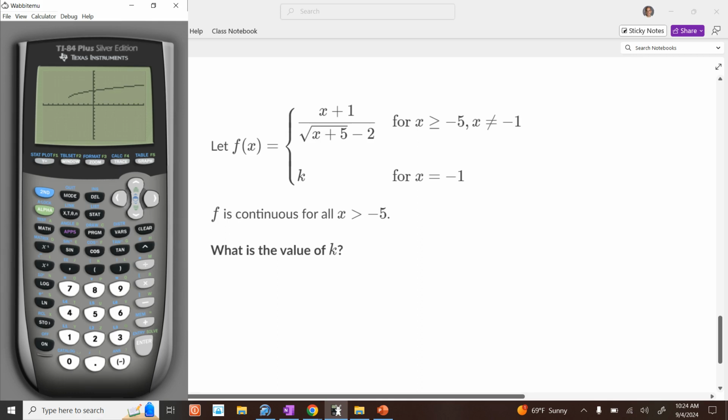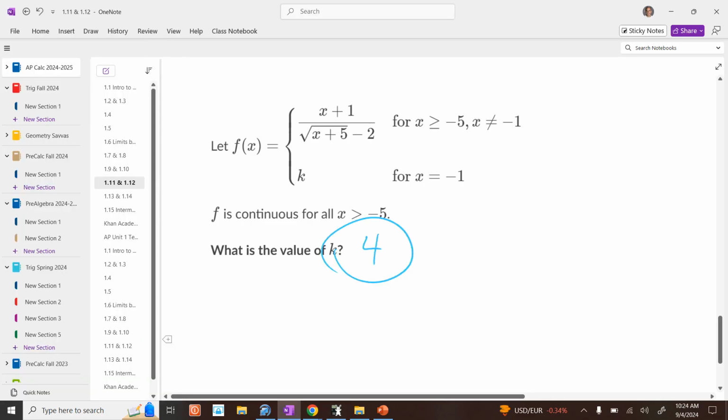All right, so if we look at this, we're looking at -1. If we trace, -2 has a number, -1 is empty. So if we go -1.01, it looks like the value of k should be 4 to make it continuous.